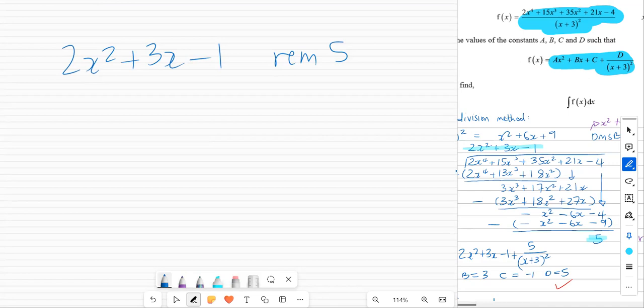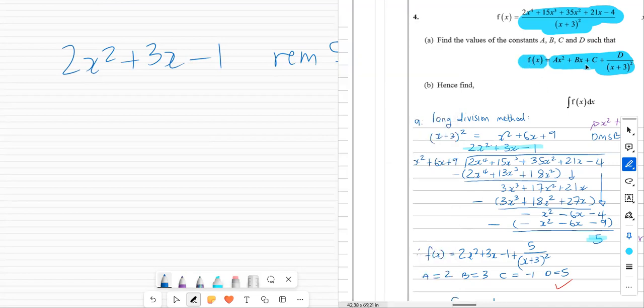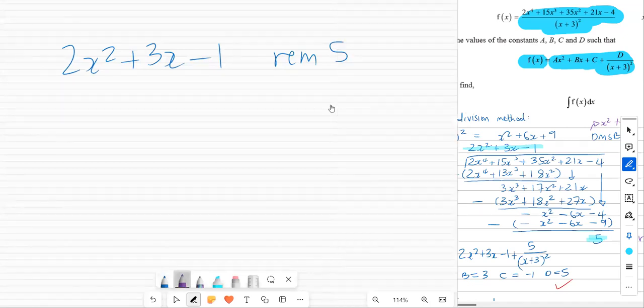And they want it in the form f of x equals ax squared plus bx plus c over something. So this is in the correct form. We can immediately see that that's a, that's b, that's c, and this is D. So straight away you can write it, but let's just put it in the form before we finish.